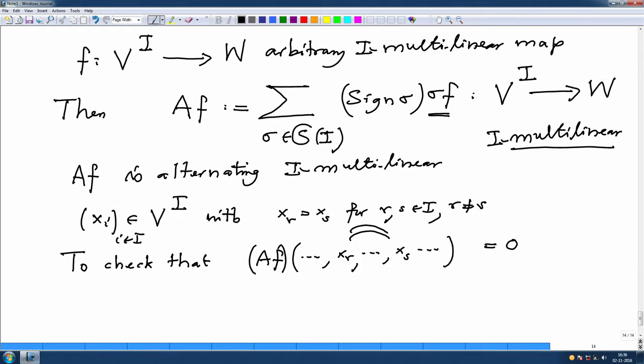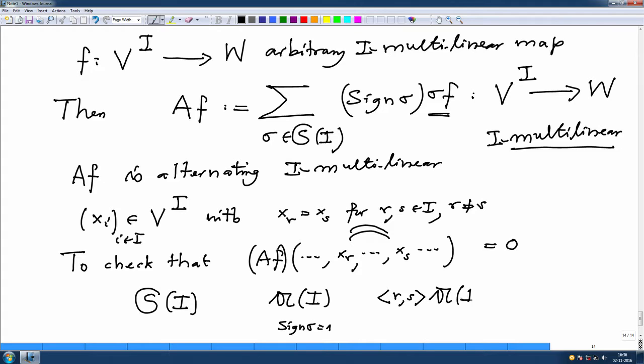For this I will use the fact about the symmetric group. Remember this is the alternating group A_i, the permutations whose sign is 1, and if I multiply the permutations whose sign is 1 by a transposition rs, then these are all odd permutations, because sign is product preserving, so all the signs here are minus 1.